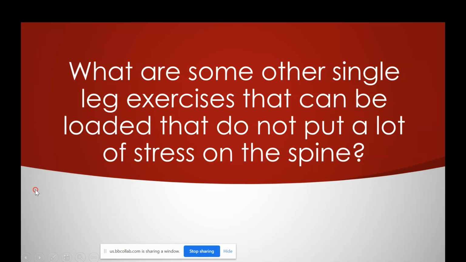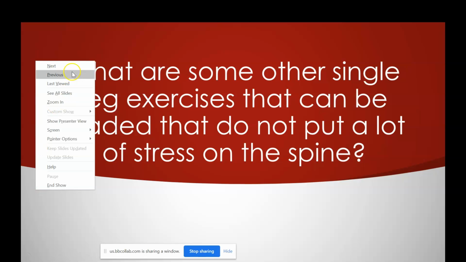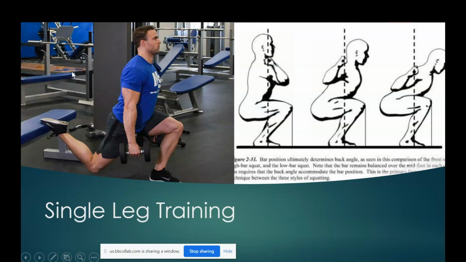So that's a sled leg extension. Single leg training exercises, again, they're going to be great just because you can load it up and you're just going to be focusing on one leg. So great for training the lower body without placing too much stress on the spine.